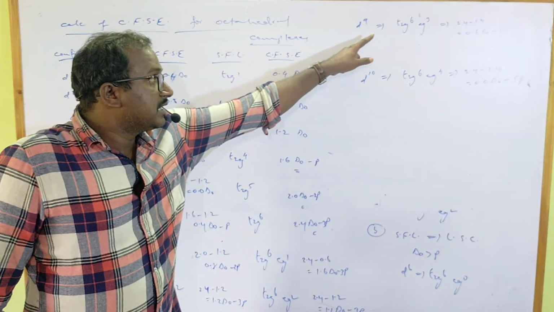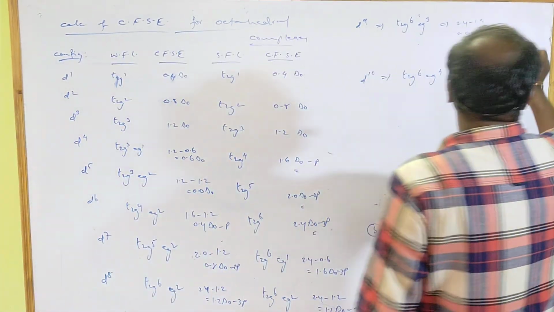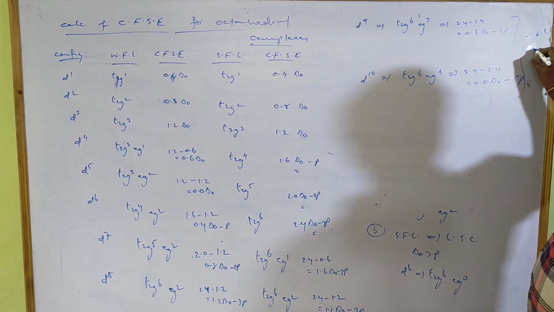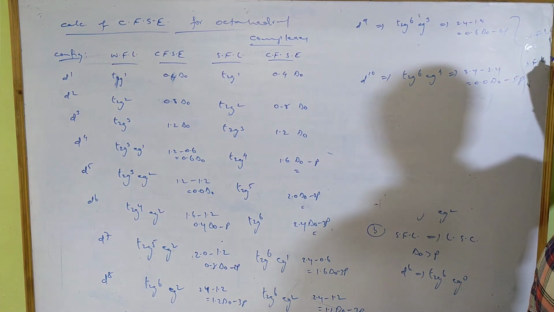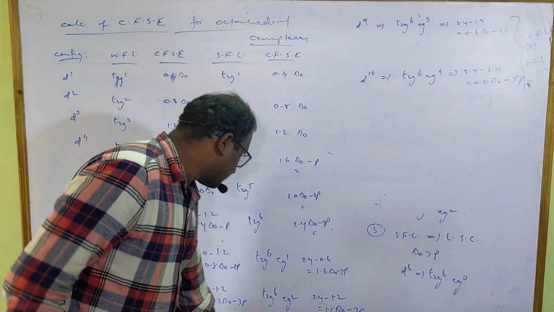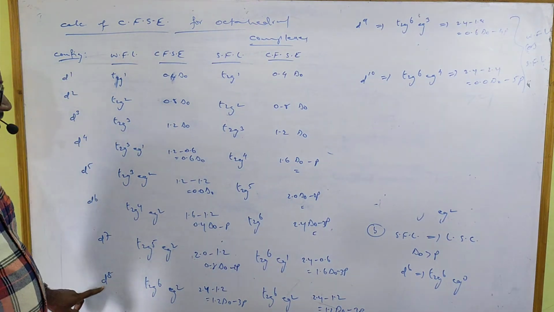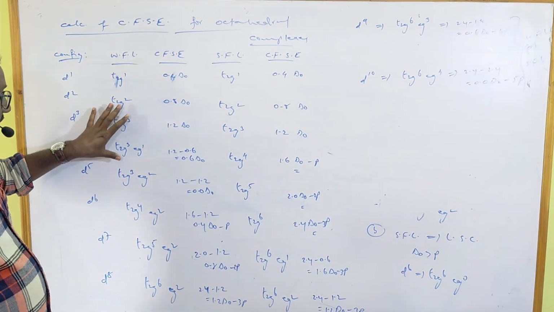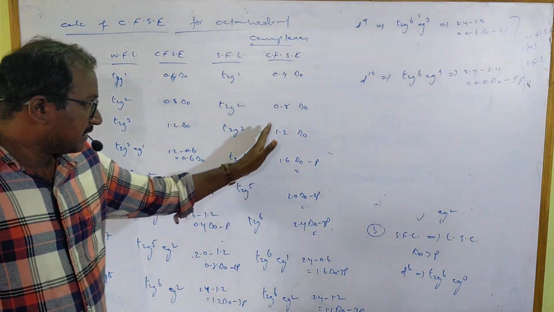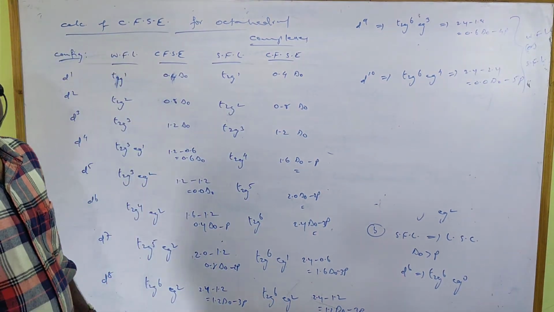Also for d9, d10, whether weak field or strong field ligands, the same configuration and the same crystal field stabilization energy will be there. There is no change. But from d4 to d8, if weak field ligands are there, one type of crystal field stabilization energy; if strong field ligands are there, another type, including pairing energy.